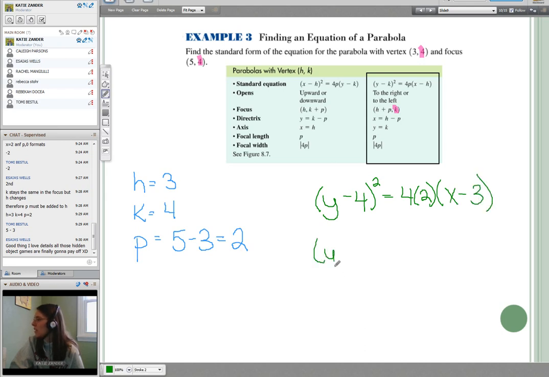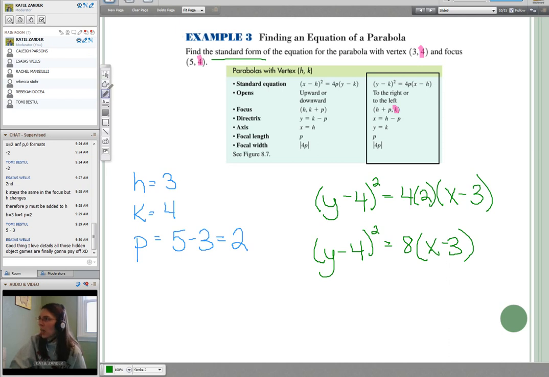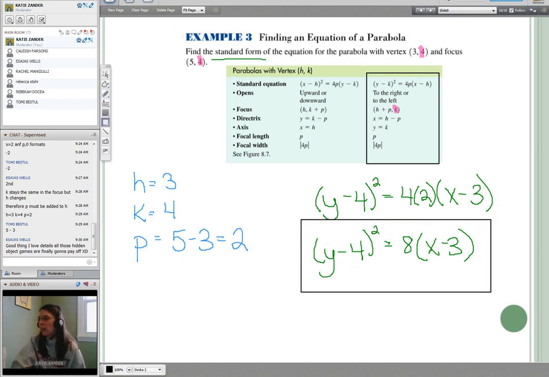I'm just going to simplify that 4 times 2 piece, and I am going to leave it just like this, because it does say the standard form. The standard form is without distributing and combining your like terms. Okay, any questions with that one?